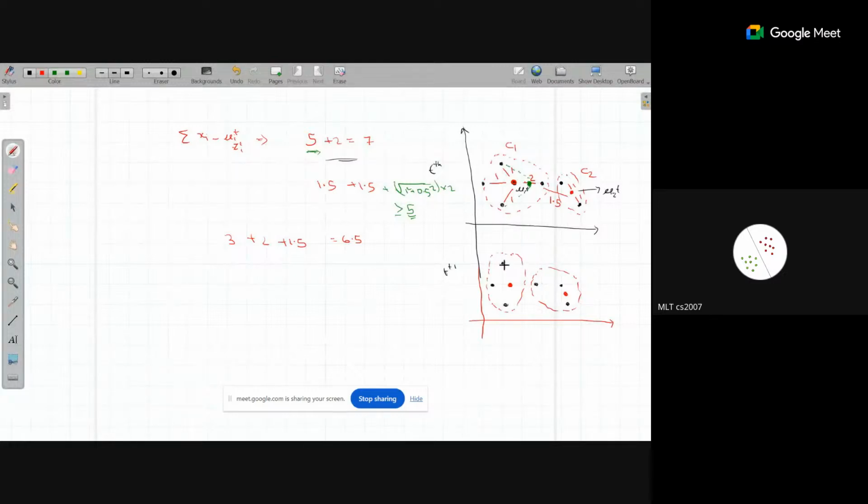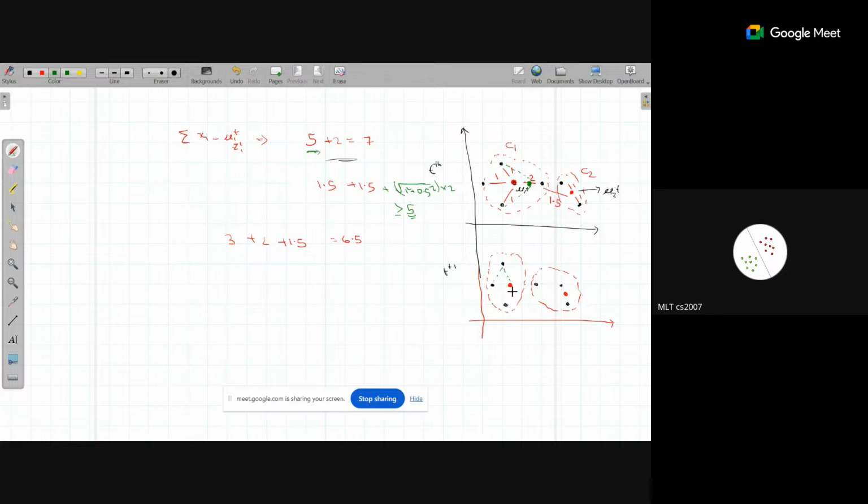Let's go to this one again. Let's say in the tth iteration this was your centroid. In the t plus 1th iteration, we would have our new centroid, somewhere between here and here.